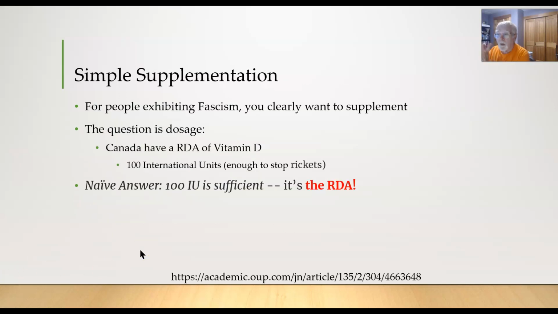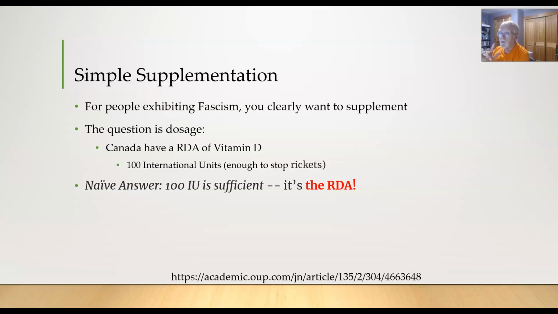Okay, so the simplest case is for supplementation. If the person is exhibiting fascism, you want to have more. The question is, what is the dosage? How much vitamin D do we give the person? If you take a look at the RDA for vitamin D in Canada, we see 100 international units. But then when we dig into the history, we find that that is the dosage required to stop rickets from happening.